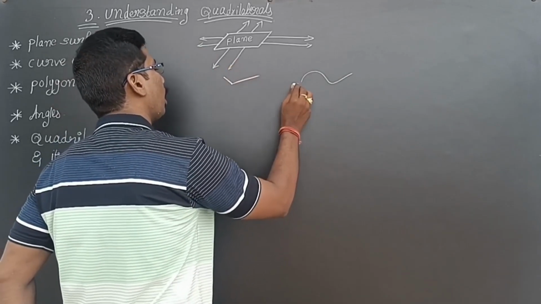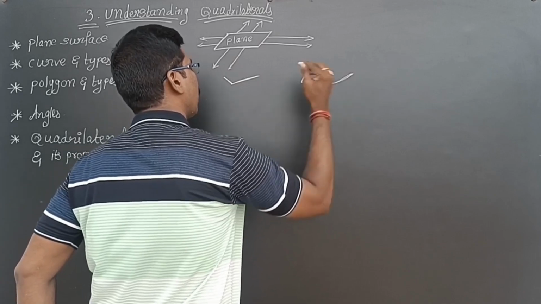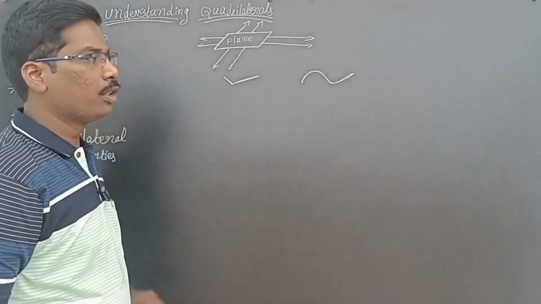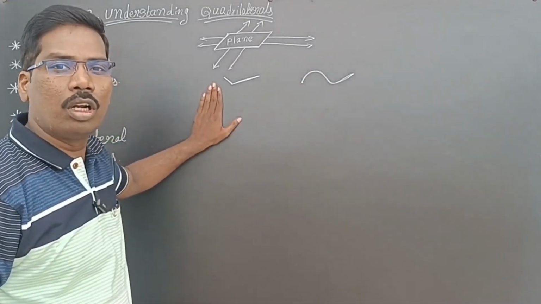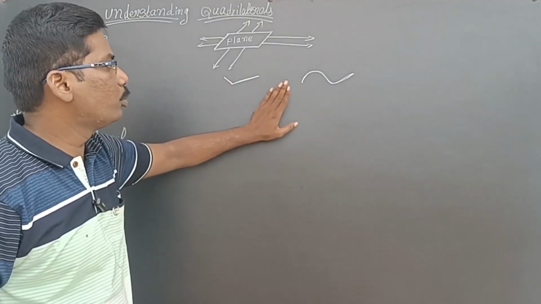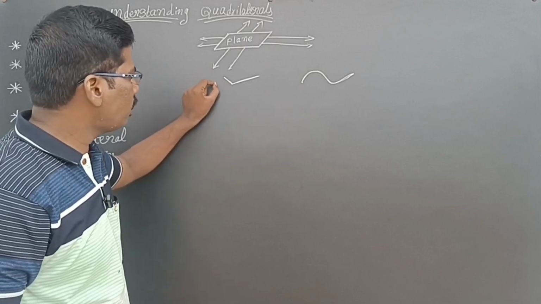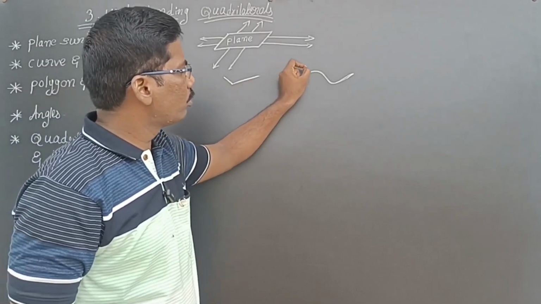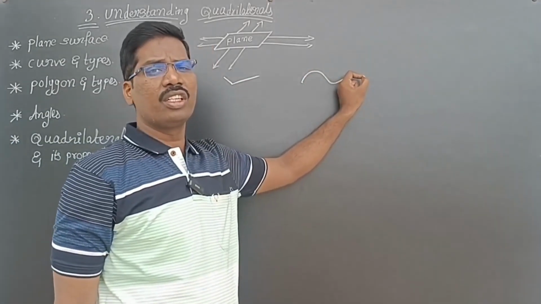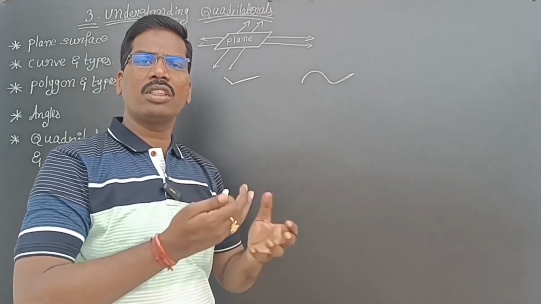A smooth line or a smooth figure that can be drawn is called a curve. If I am drawing a smooth line or a smooth figure, that is a curve. Simply you can say curve. So a line is also a curve.